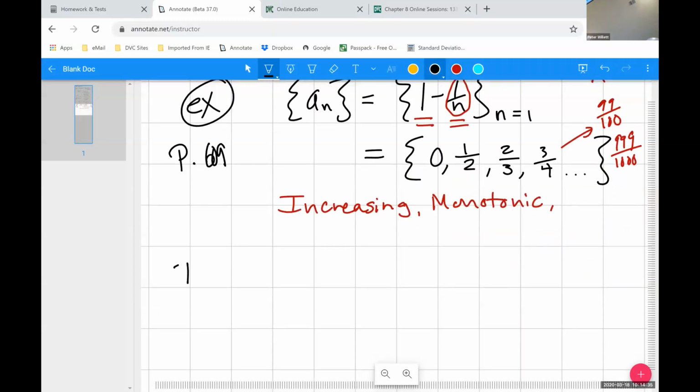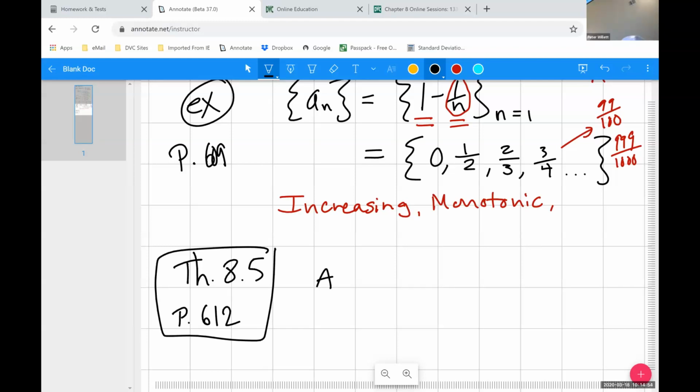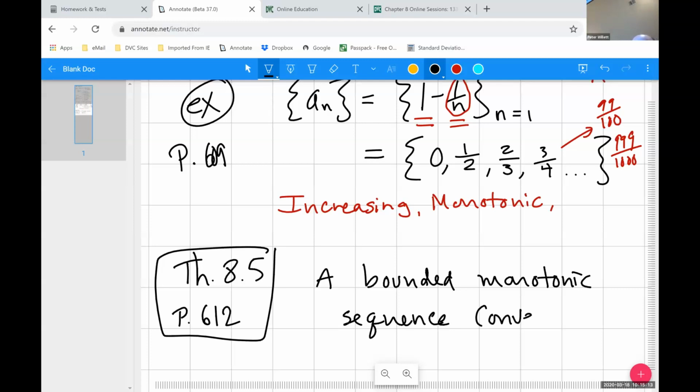So Theorem 8.5 on page 612 states that a bounded monotonic sequence converges. So what do we think that means?